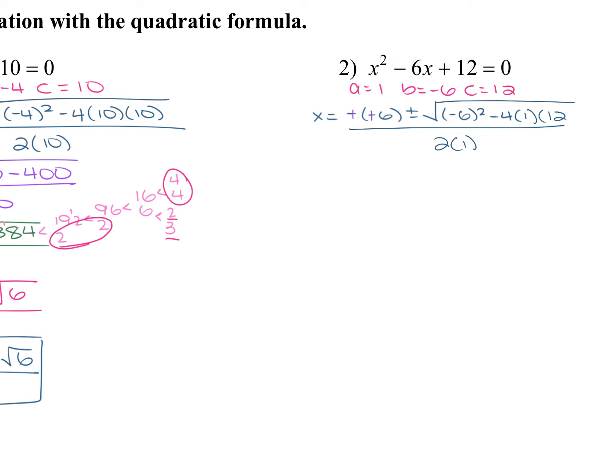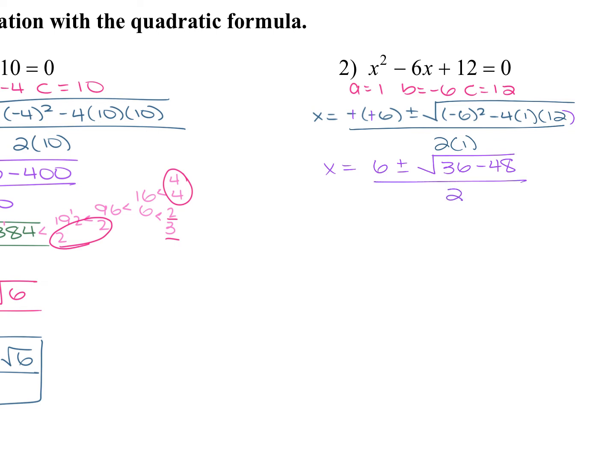So again, those double negatives are going to turn into positive with that 6. So we have 6 being added and subtracted to the square root of -6 squared is 36, -4 times 1 is -4 times 12 is -48. And this is all over 2.